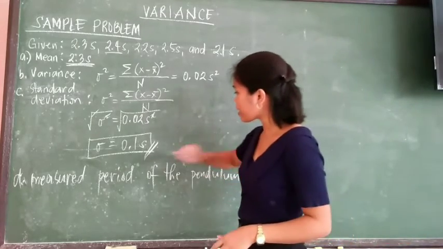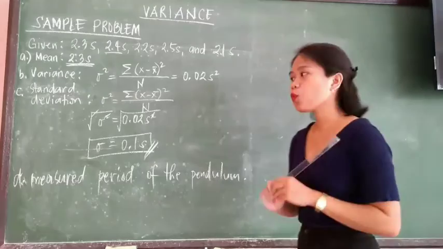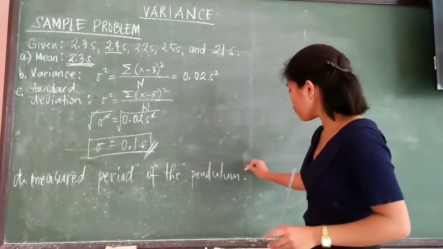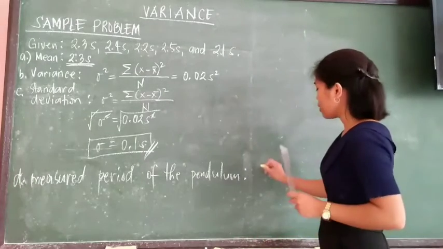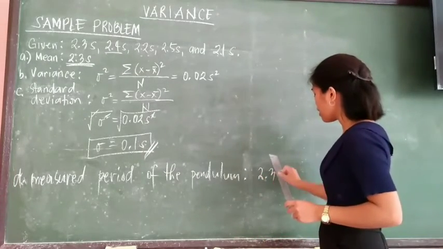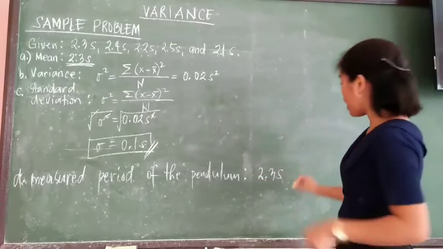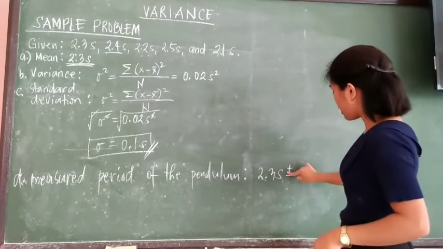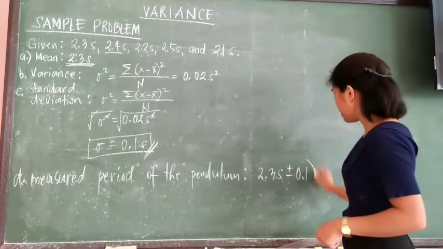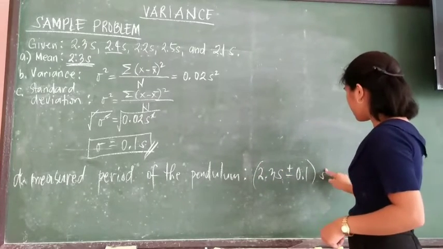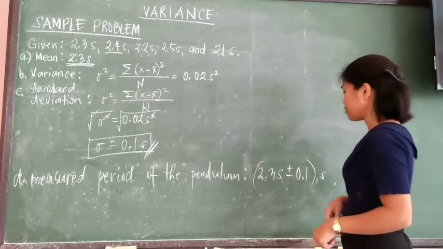Based on our calculation, it is 0.1 seconds. Therefore, the measured period of the pendulum is 2.3 seconds plus minus 0.1 second.